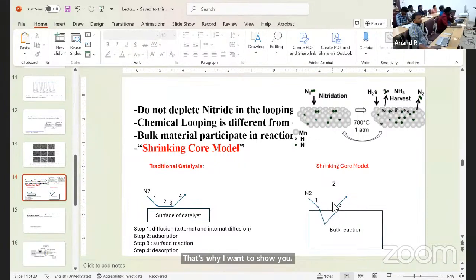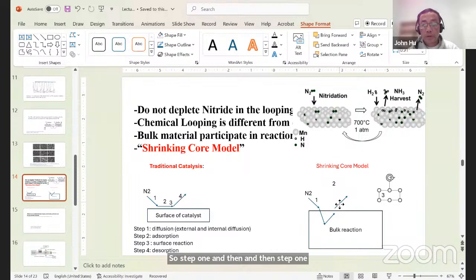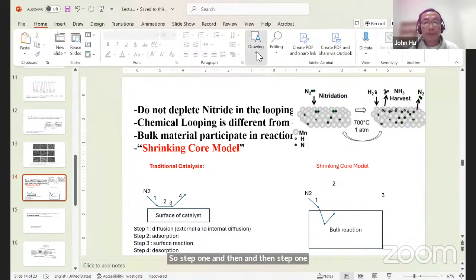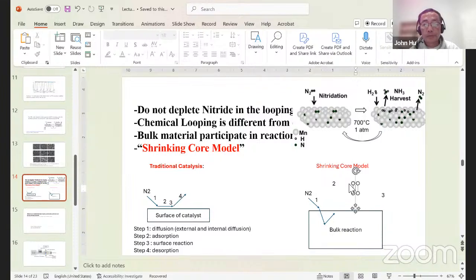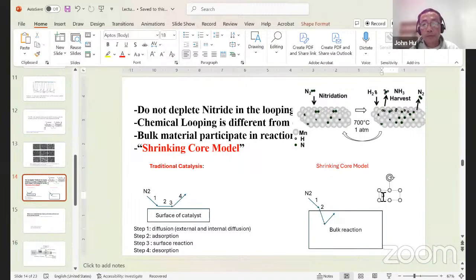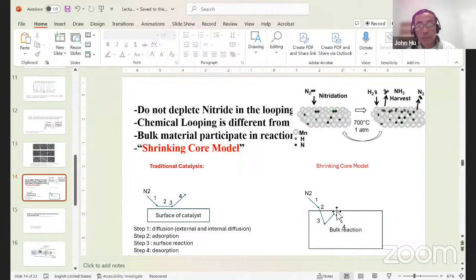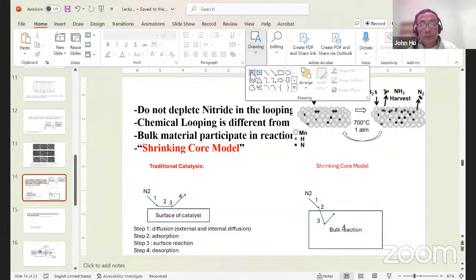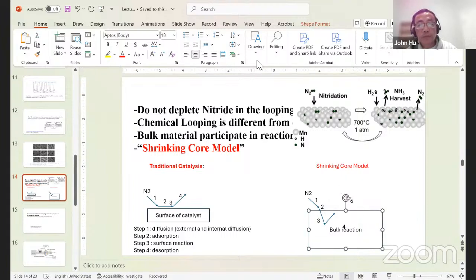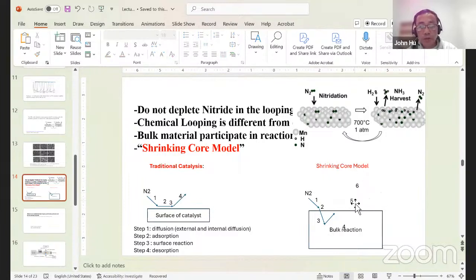So step 1, and then so the modeling work on the shrinking core model is very complex.